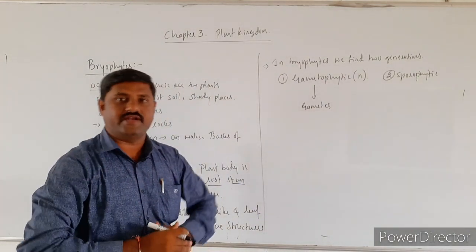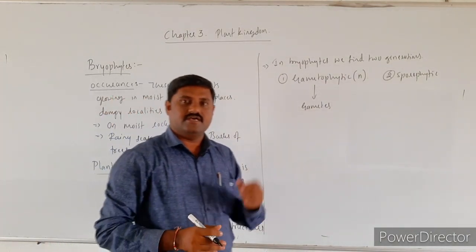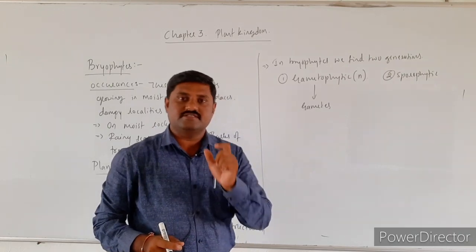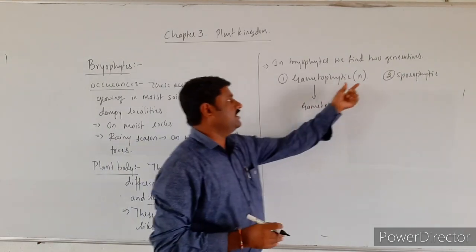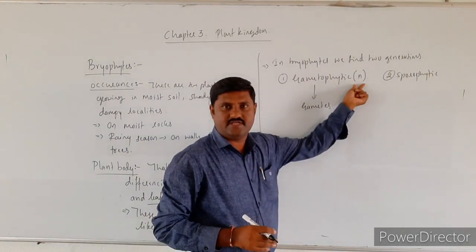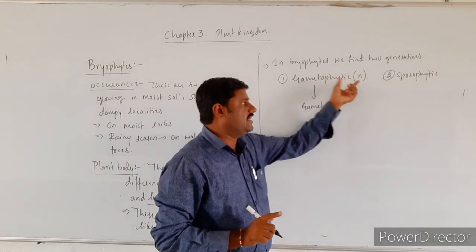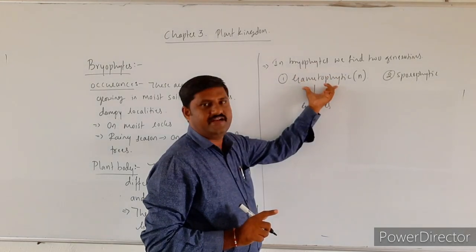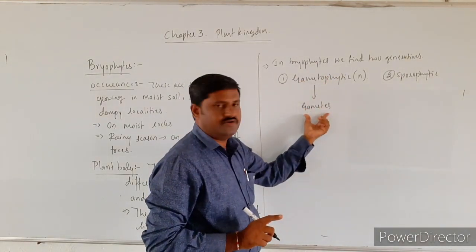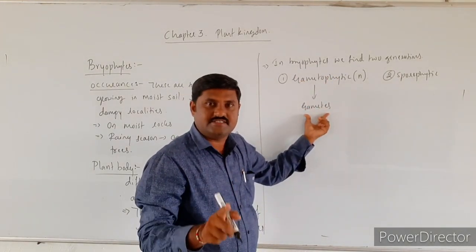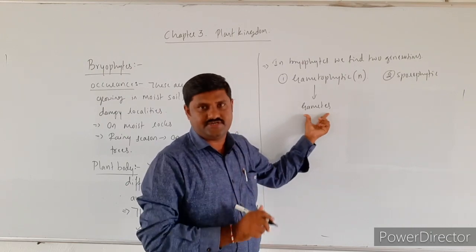Why is it haploid in nature? Because the chromosomal number is a single set, right? n number of chromosomes are seen over here, not 2n. Why? Because this is the gametophyte which is producing gametes. Gametes are always haploid in nature, right?